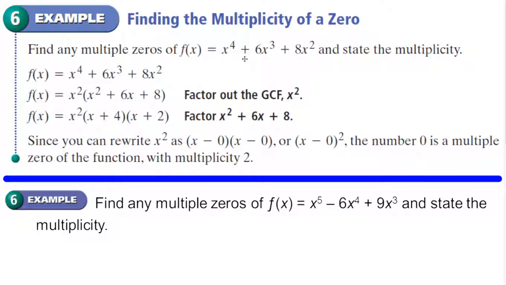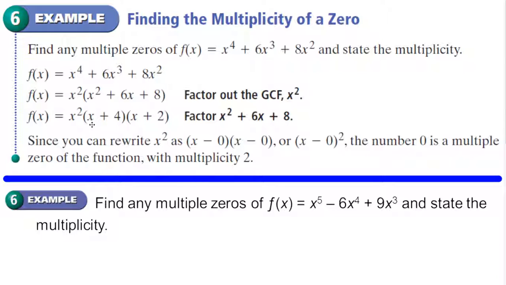So looking at these, they each have x squared in common, so you factor out an x squared, which is what they've done here. And that leaves you with x squared plus 6x plus 8. So then you factor that x squared plus 6x plus 8 down, and you get the x plus 4, x plus 2. So you set each of these expressions equal to 0. X squared equals 0, x plus 4 equals 0, x plus 2 equals 0.